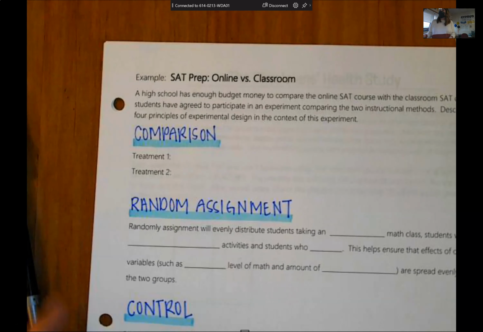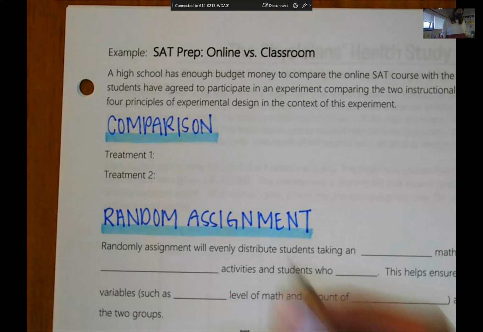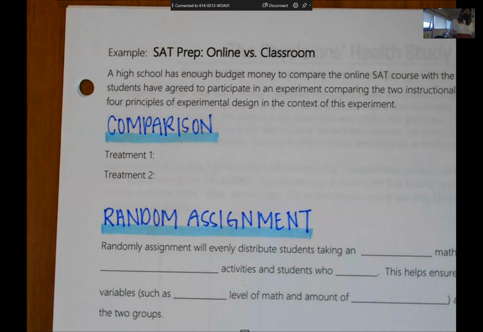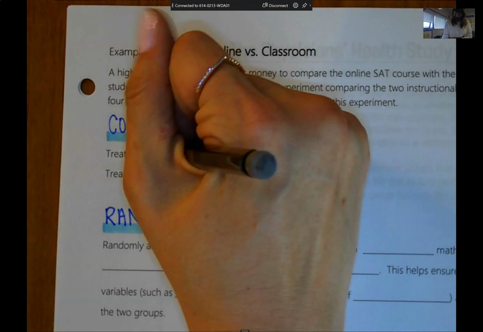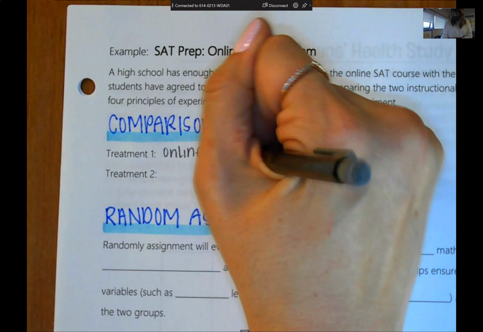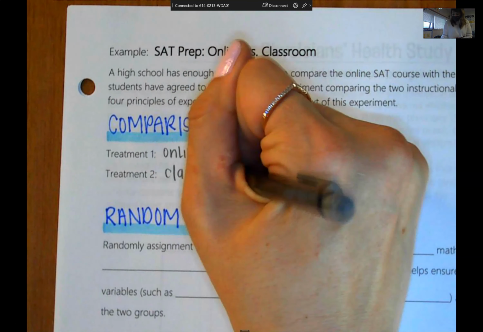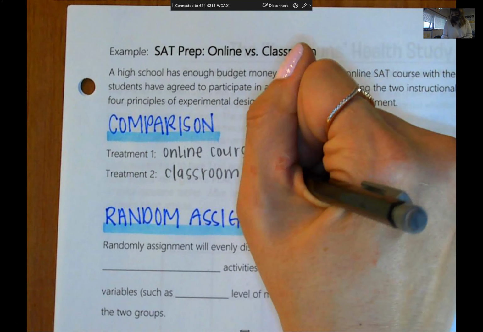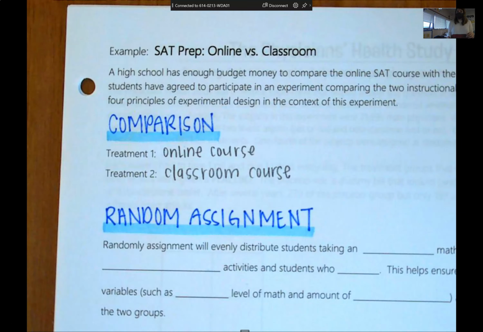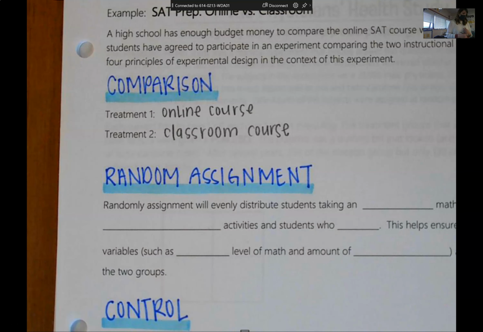Okay, first one, comparison. We are comparing 2 groups. So we are comparing the online course to the classroom course. So comparison is satisfied. We are comparing 2 or more things. Random assignment we discussed at length last time.